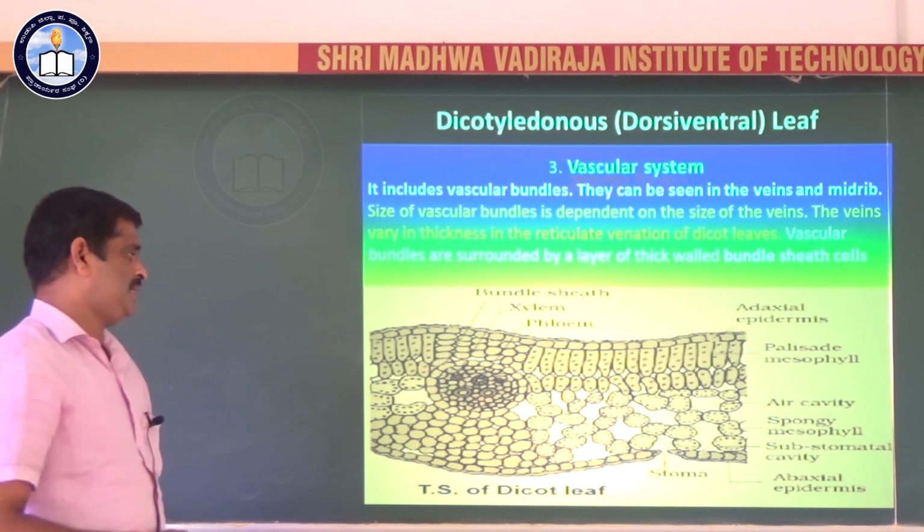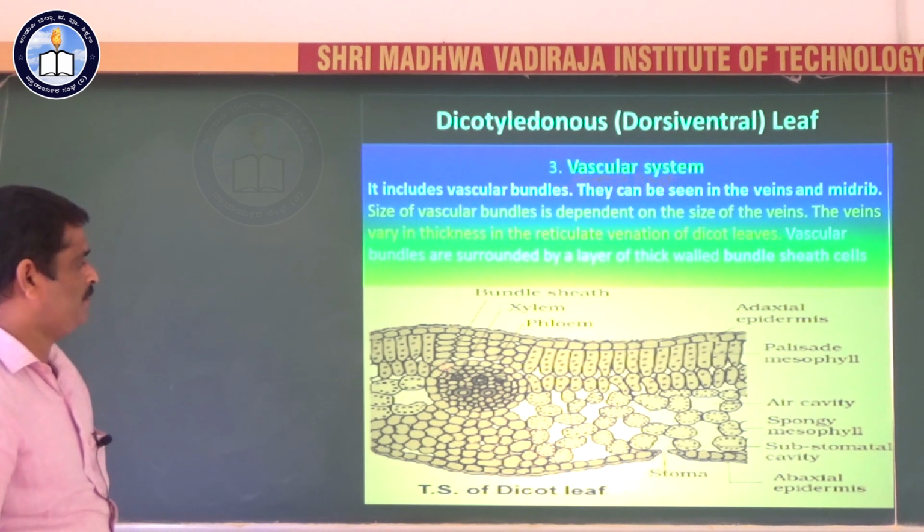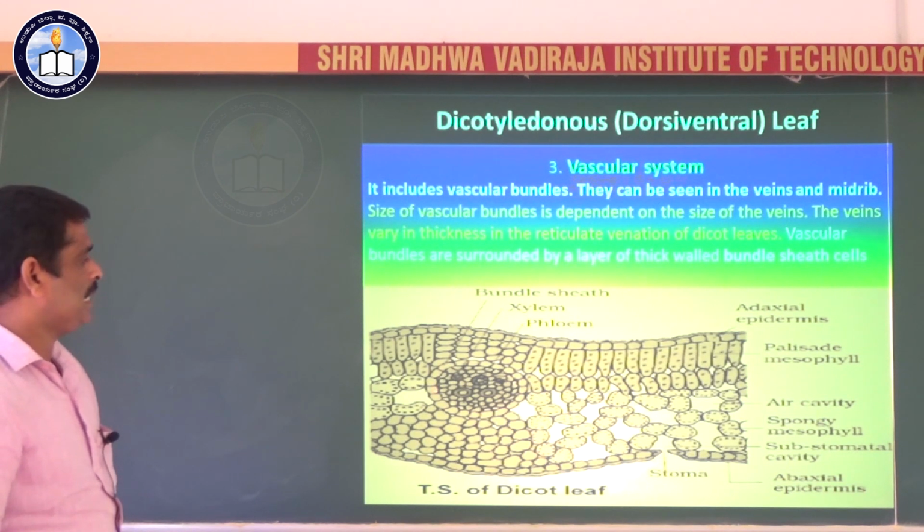Consider the vascular bundle. The vascular bundle is present in the veins and the midrib region. The vascular bundle is surrounded by thick-walled parenchymatous cells that form the bundle sheath. That means the bundle sheath cells are parenchymatous and thick-walled.